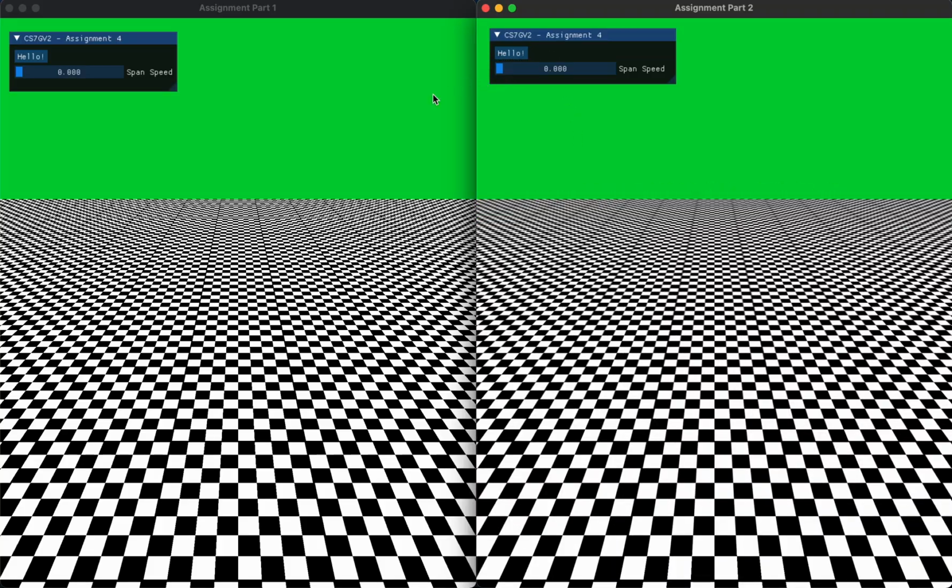What mipmapping does is it downsamples the texture. For example, if you have a 400 by 400 texture, it will downsize it for you to 100 by 100, 50 by 50, 25 by 25, and how far down to go is decided by you.